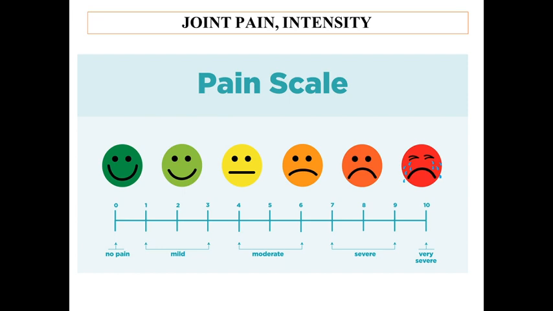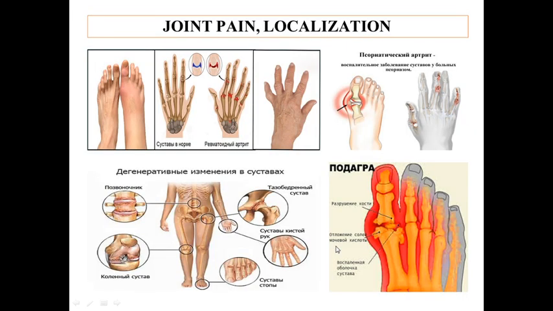During inquiring about pain, pay attention to the intensity of pain. Sometimes pain will be mild, sometimes moderate, even very severe pain. And this is the pain scale from 0 to 10 score. Many joints may be damaged, and depending on which kind of joint is damaged, you can suspect the diagnosis.